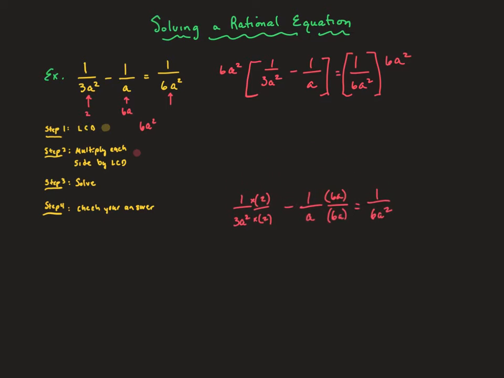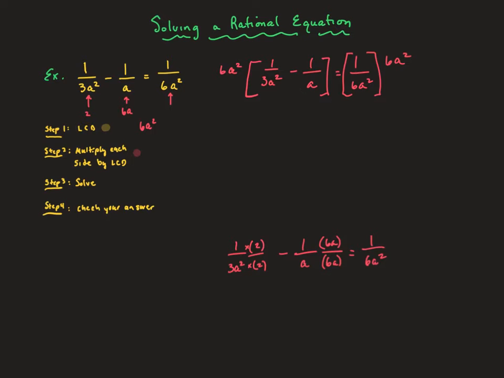Remember, I'm going to use my distributive property. So that is going to be 6a squared times 1 over 3a squared, minus 6a squared over a, of course times 1, equals 6a squared over 6a squared.